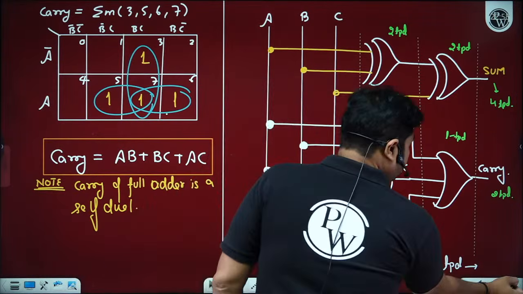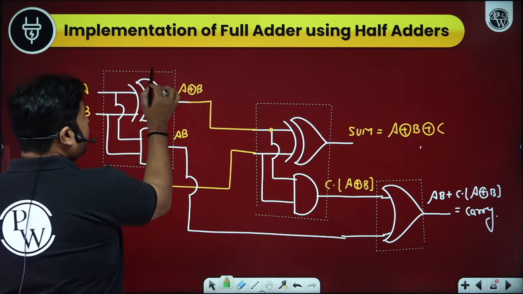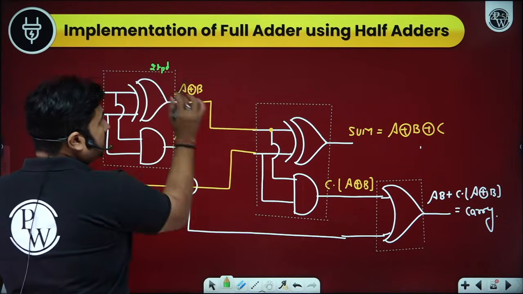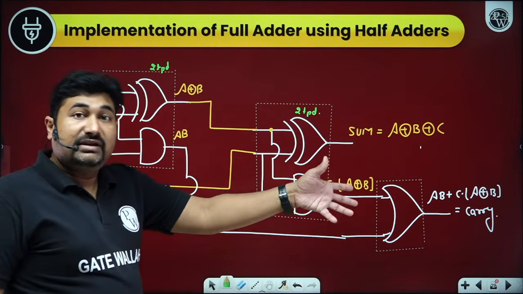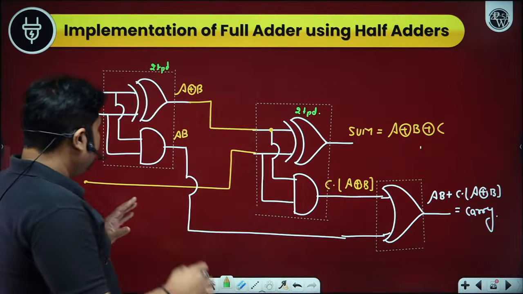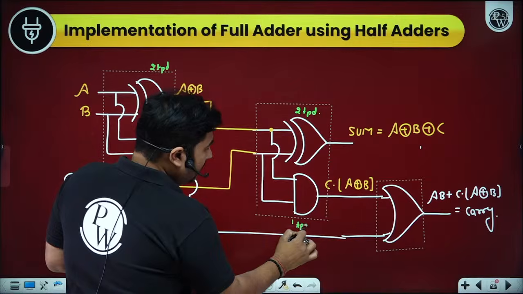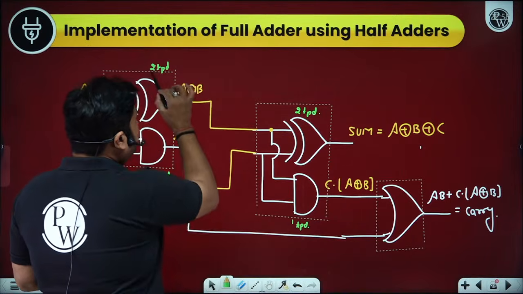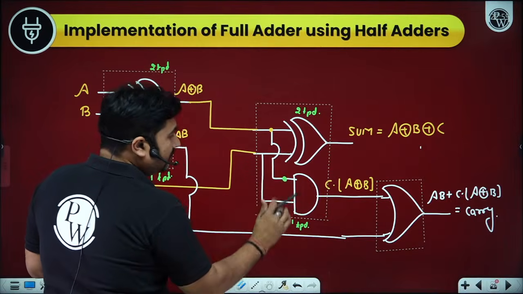Yes, sir. The modified expression, if we observe, if the XOR gate will have 2 TPD delay, this XOR gate will have 2 TPD delay. It means the sum bit will be available after 4 TPD. This will have 1 TPD delay. This will have 1 TPD delay. But instead of 1, because of this 2 TPD delay, until the input is not available, you can't go to the output.